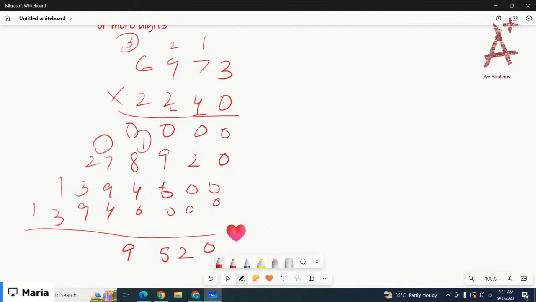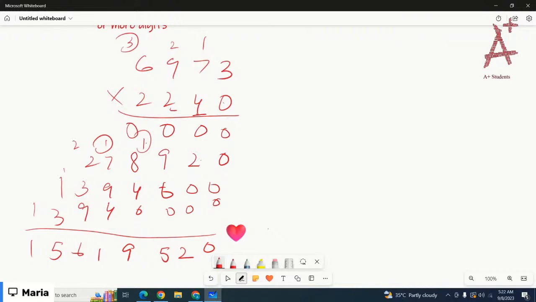Carry 1. 21, 1 and 2 carry. 2 and 2, 4. 5, 6, 7 and 7 and 9, 16, 6, 1 carry 3, 1, 4 and 1, 5 and 1. So when you multiply 6,973 times 2240, the answer would be like this.